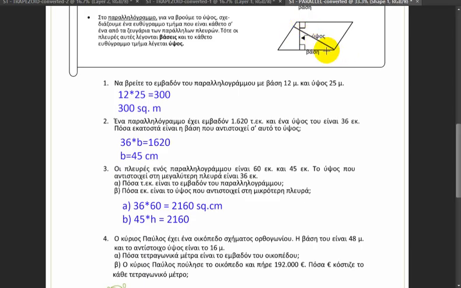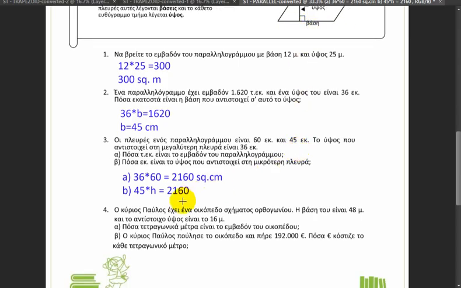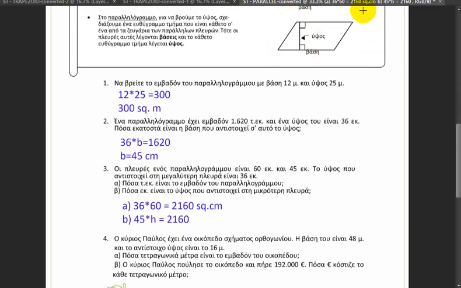That would be the height of the small side. So if I decide to multiply that with this base instead of this height with the long base, I would still get the same area because the size of the parallelogram does not change.